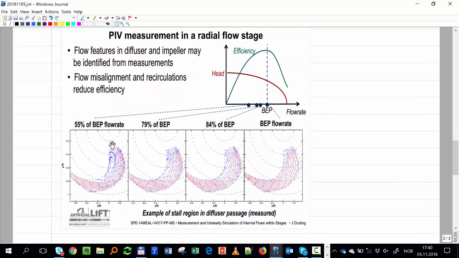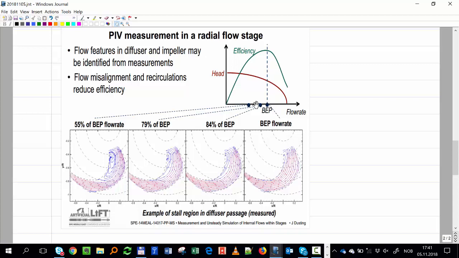If you see here, that's the flow at the inlet and that's the flow at the outlet of the impeller. So when you are around this rate, a medium rate, the highest efficiency, you see that the flow follows the channel exactly and behaves very nicely.